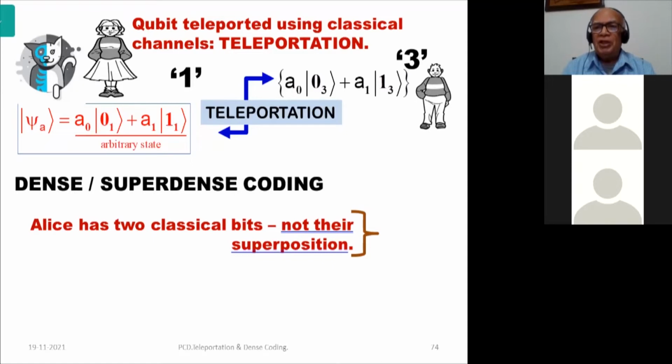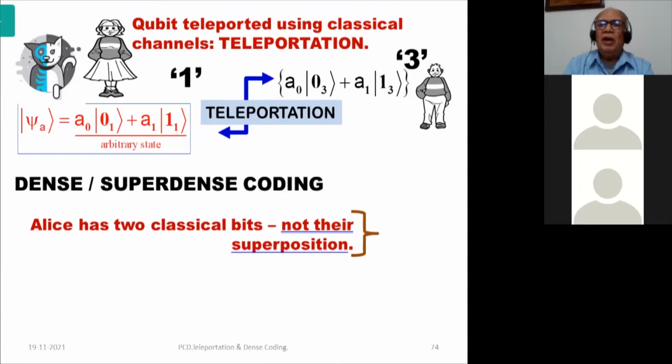These are two switches, on or off, 1 or 0. And these two classical bits are with Alice, and she wants to send information and tell Bob that I have a pair of classical bits. But of course, what pair is it?